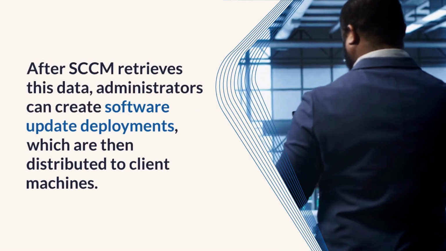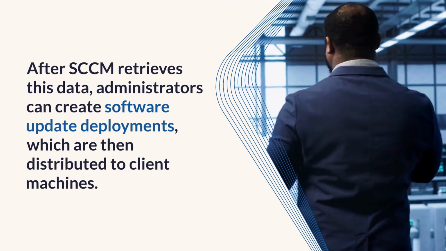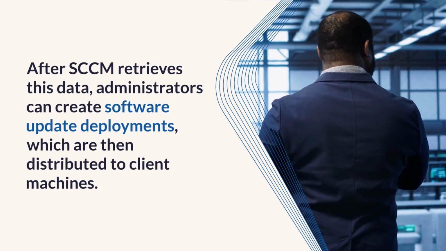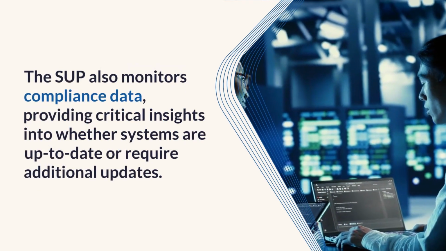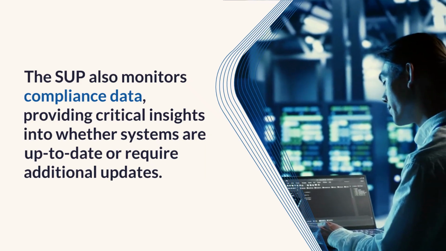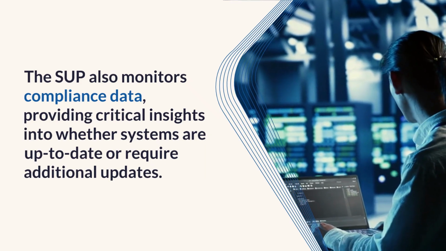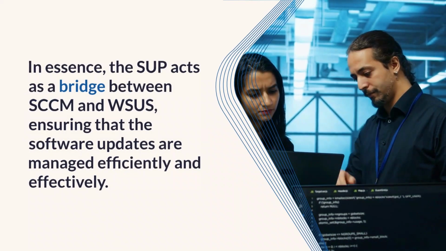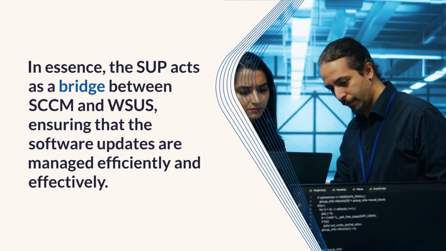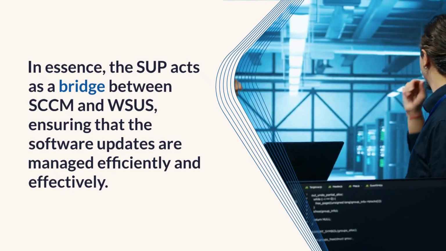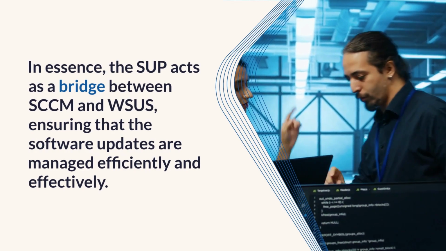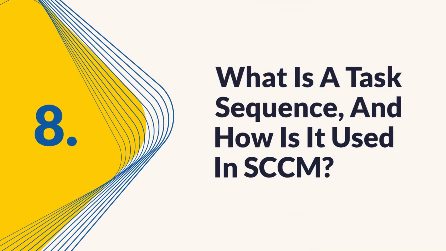After SCCM retrieves this data, administrators can create software update deployments, which are then distributed to client machines. The SUP also monitors compliance data, providing critical insights into whether systems are up to date or require additional updates. In essence, the SUP acts as a bridge between SCCM and WSUS, ensuring that the software updates are managed efficiently and effectively.